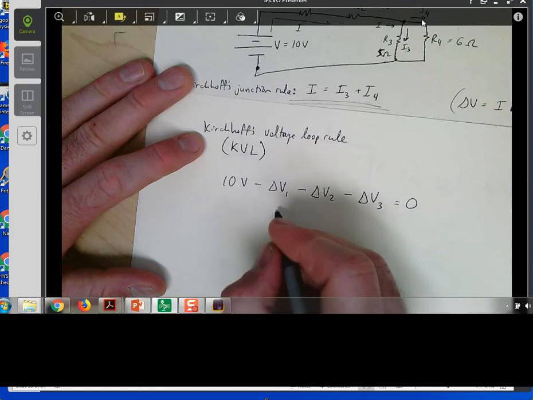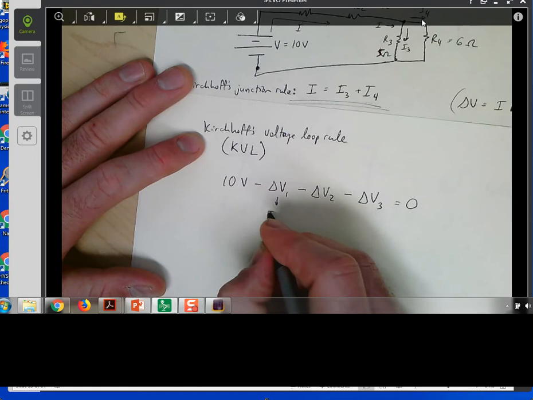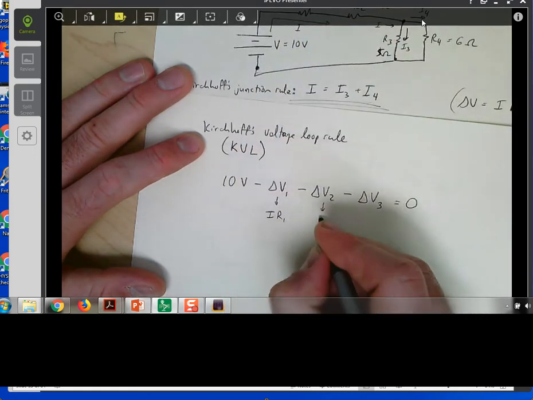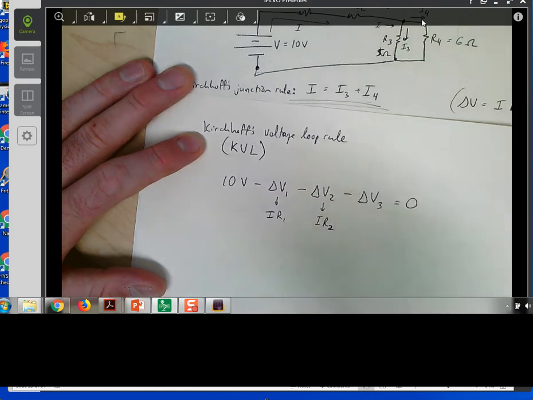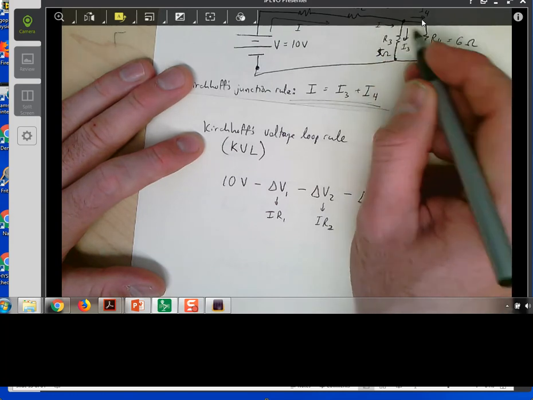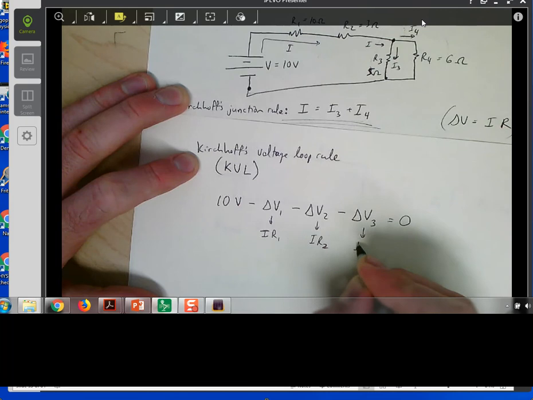Filling in for the actual values, I can see that delta V1 is going to be I, that current that's going through this resistor, times R1. This is going to be I times the resistance of resistor 2. Now we have to be careful here because when we get to this R3, there isn't the current I going through it. It's actually the current I3 going through here. So we have I3 times R3.